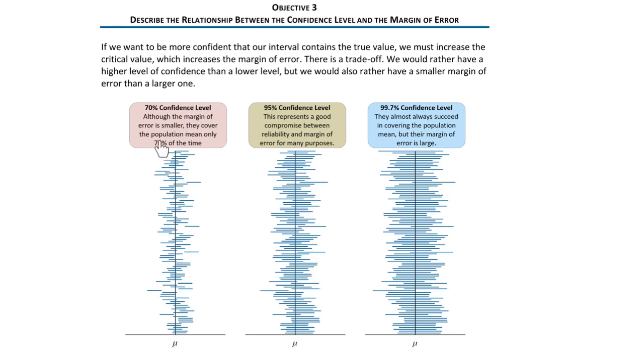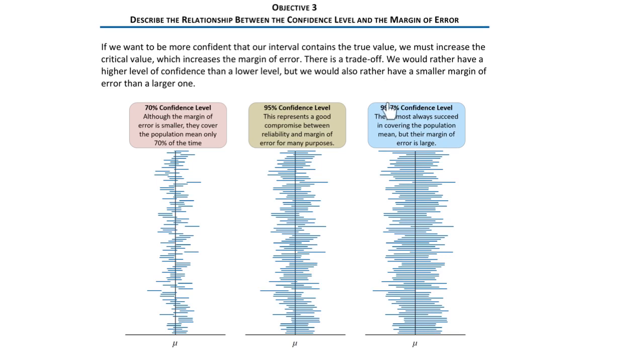The left one is the 70% confidence interval, based on the same samples. These intervals are narrower because they have a smaller margin of error, but many of them fail to cover the population mean. You can see that here. These intervals are too unreliable to be of any practical value.